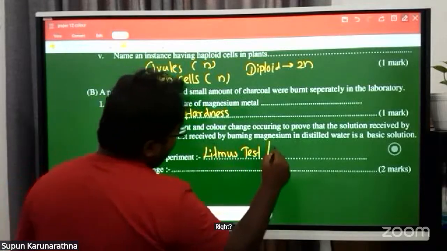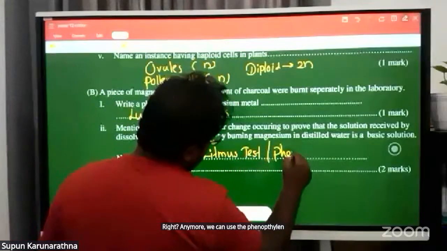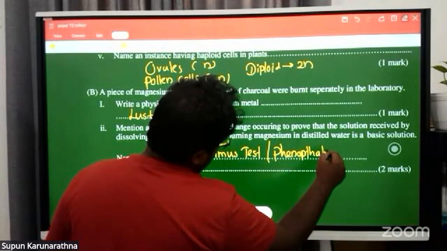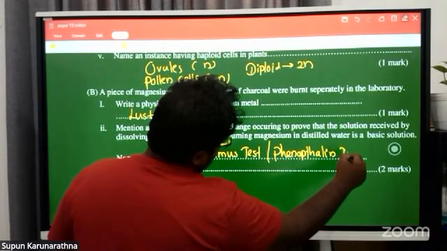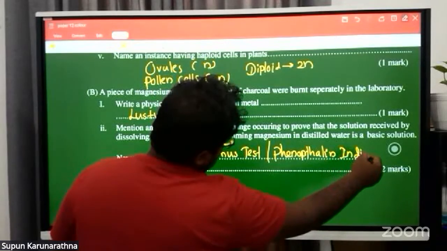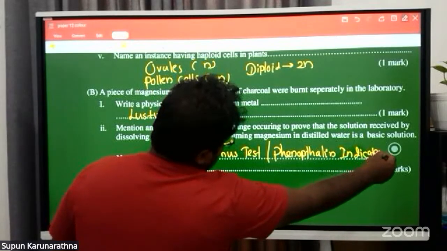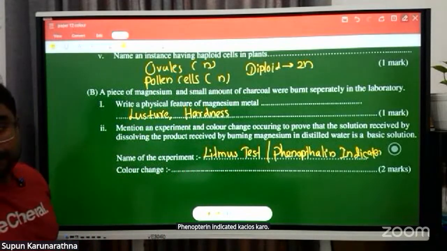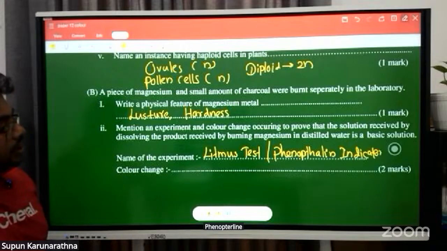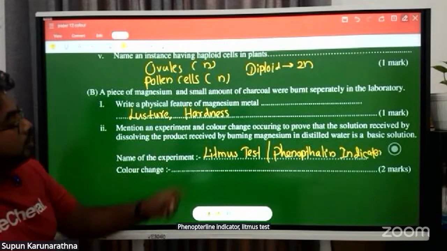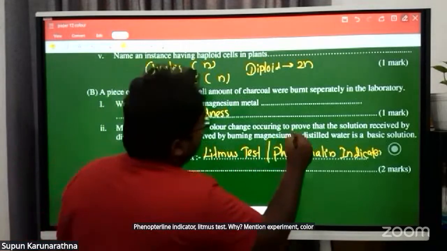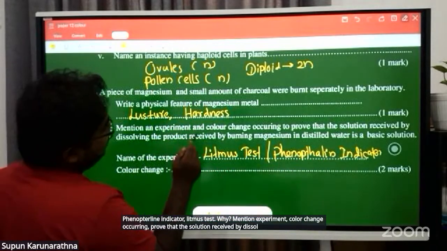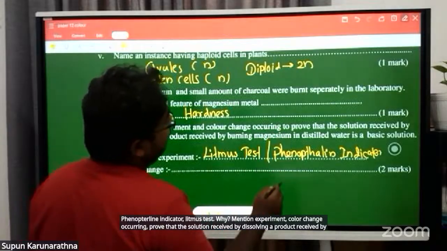We can use the phenolphthalein indicator also. Phenolphthalein indicator, litmus test.